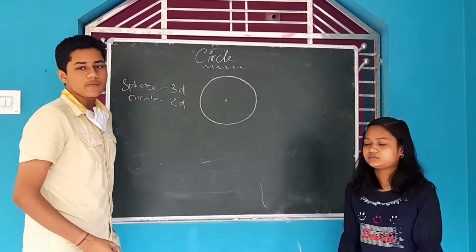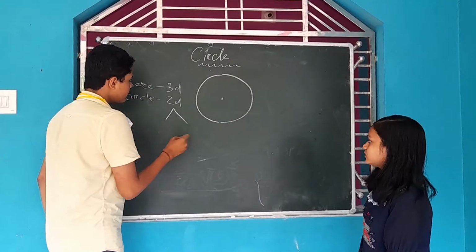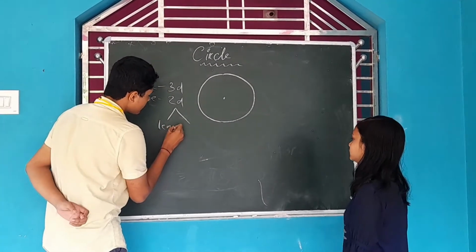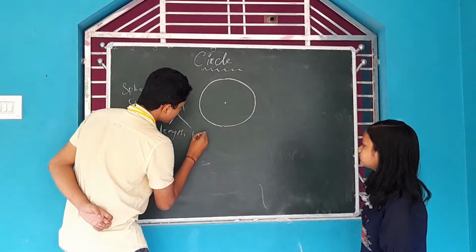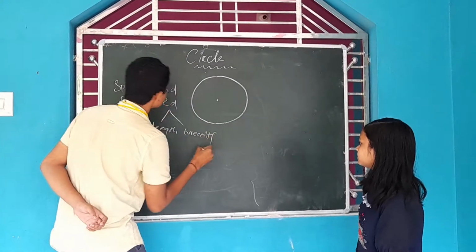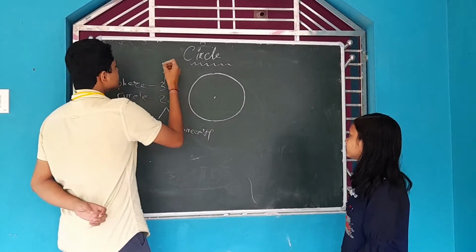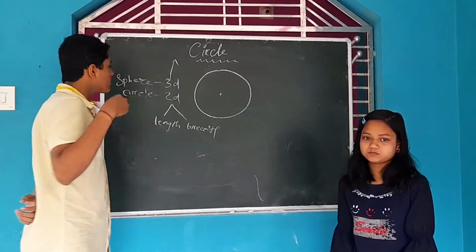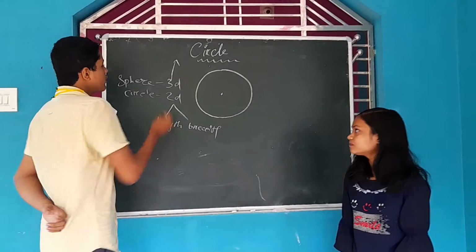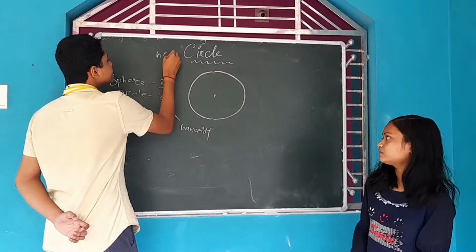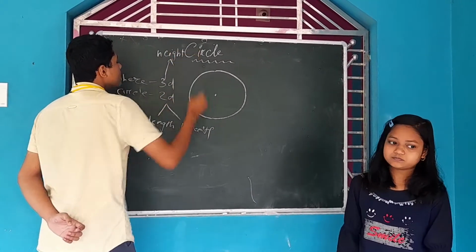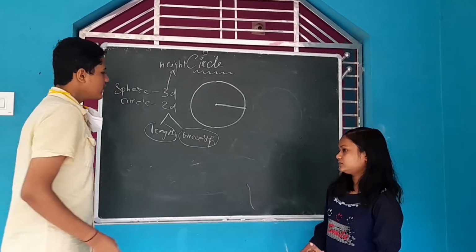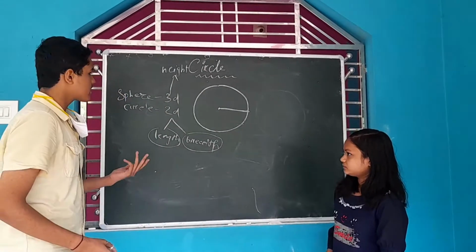Two-dimensional means we have length and breadth, and 3D represents another dimension, which is known as height. Now we have not defined a circle yet.